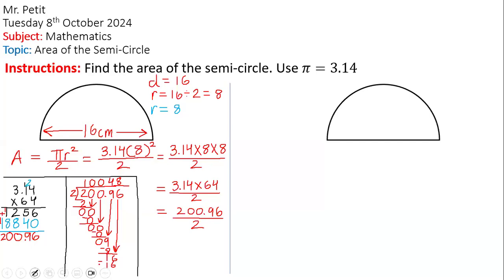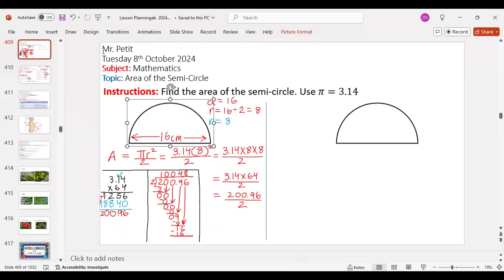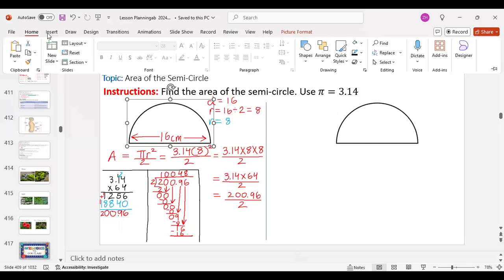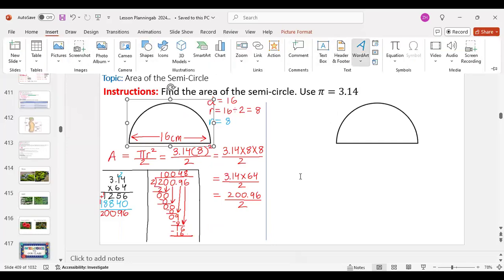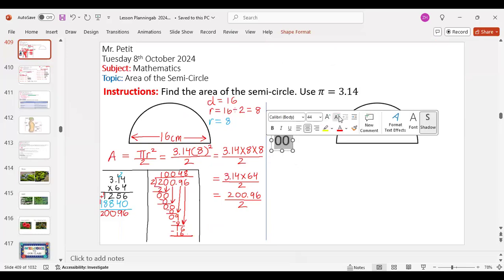And so we have what? 6 minus 6 is 0. Let me put the zeros down. So that means that this goes down here.